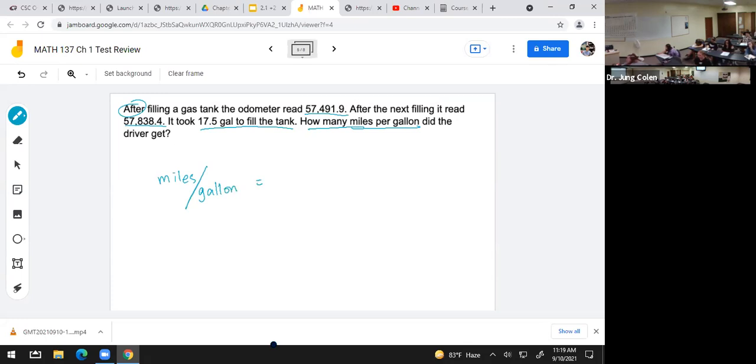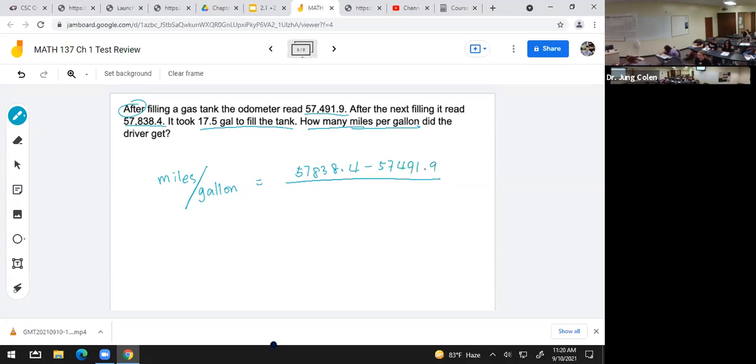Look, miles per gallon. Miles divided by gallon, right? How many miles did he use? The difference between these two, isn't it? So what's the difference? 57,838.4 minus 57,491.9.